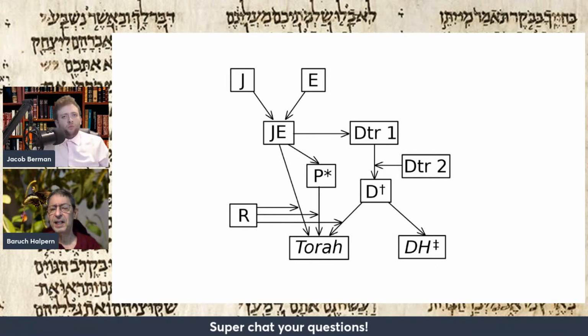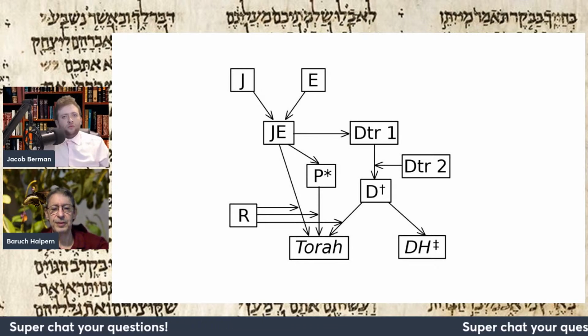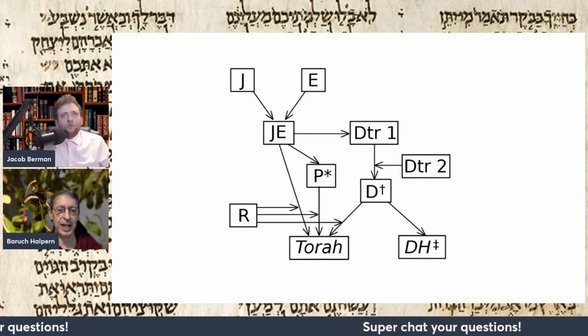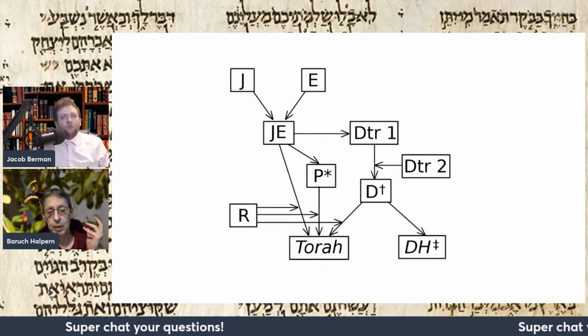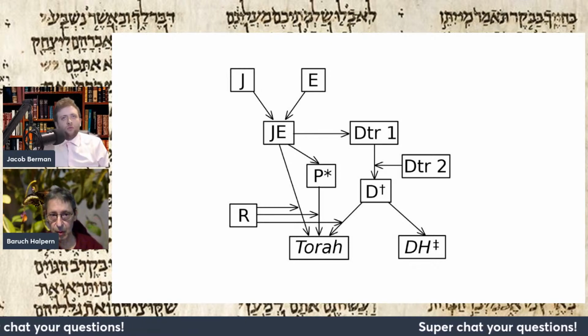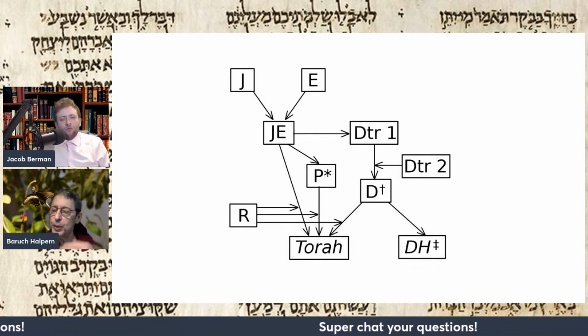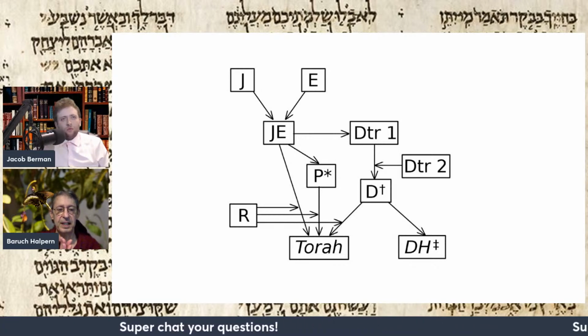And they found that the others, which are up to the left, J-E and J and E, of which J-E is just a combination, were also continuous sources. In other words, it was a narrative that made sense by itself.